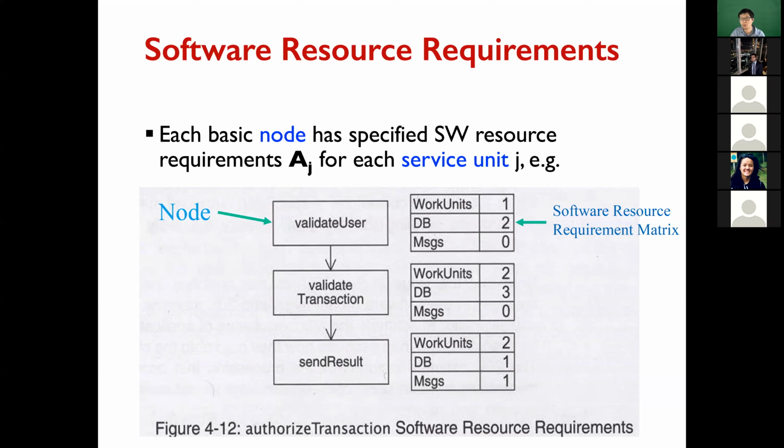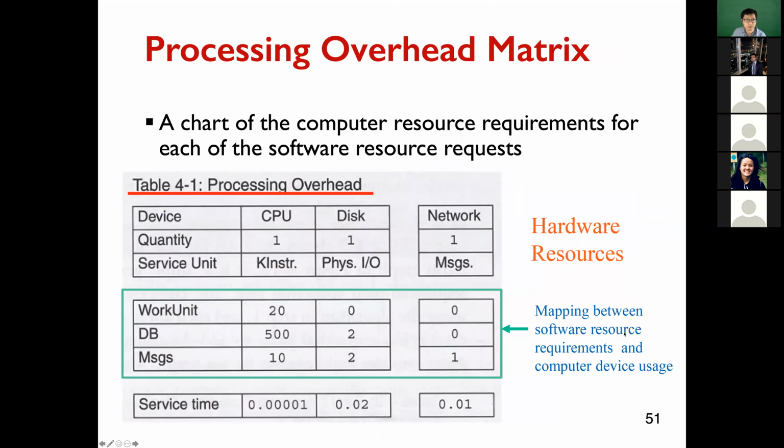But at the end, when we calculate the time, we need to map it again to hardware resources. For example, we need to map them to CPU, disk, network, memory, in order to calculate the time. So how do we do the mapping? We have something called the processing overhead matrix, which identifies the hardware resources used by each software unit.